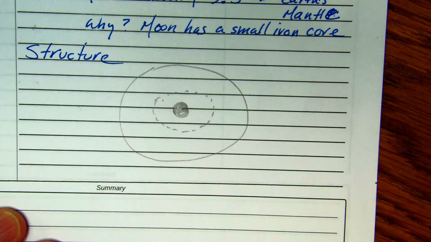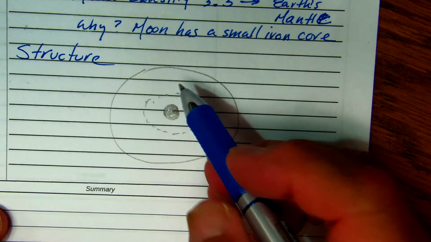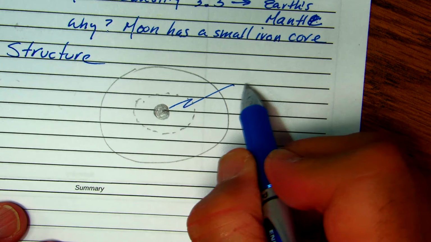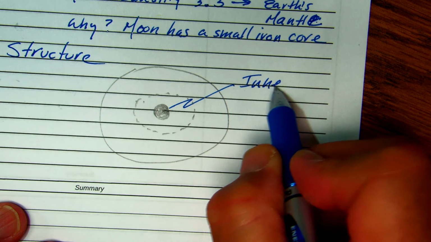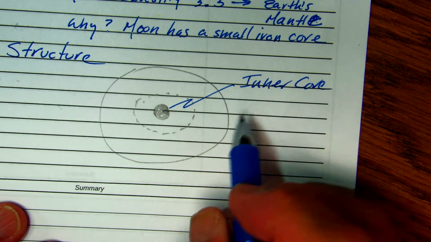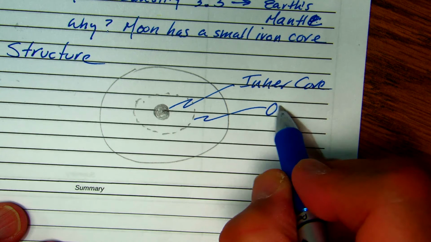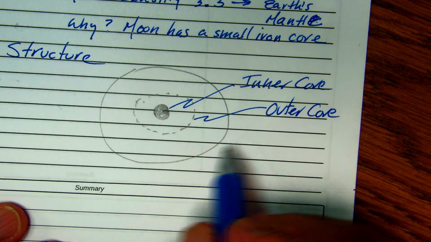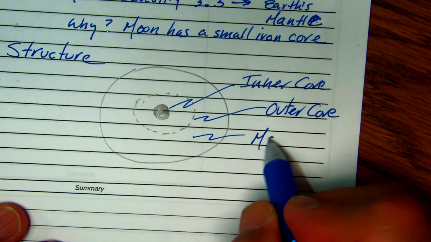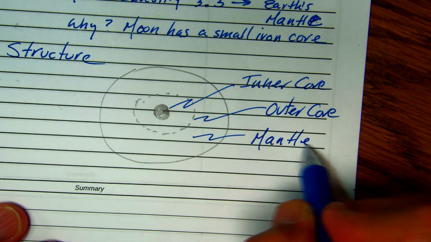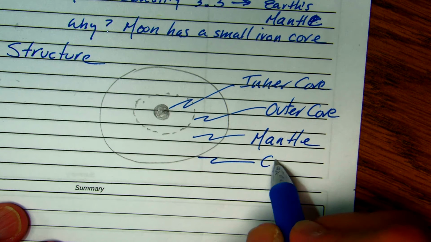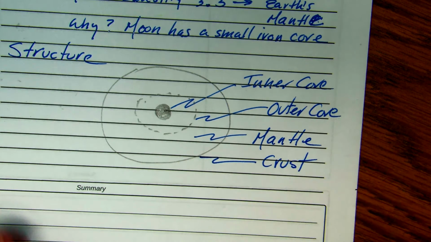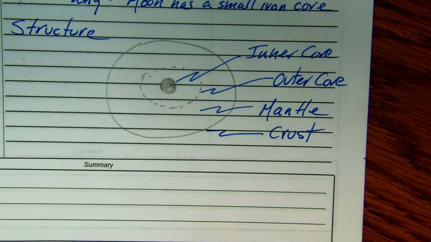So let's label it. That's the inner core. That's the outer core. That's the mantle. And that's the crust, which is what we see in terms of the cratering of the moon and stuff like that. We're looking at the crust.